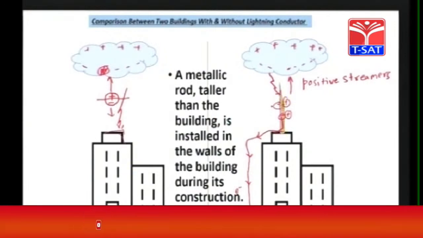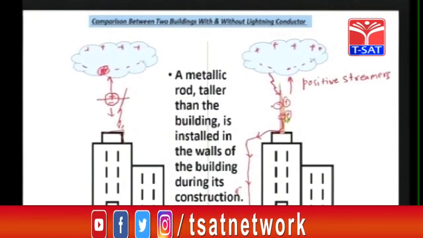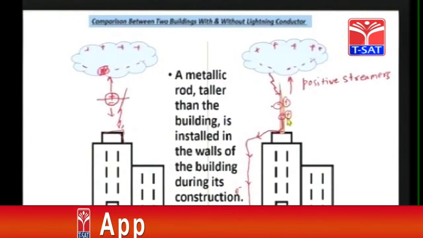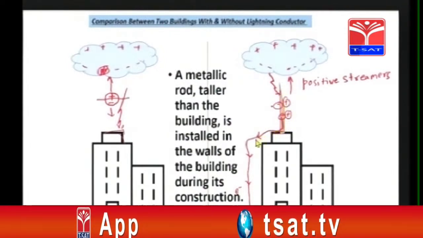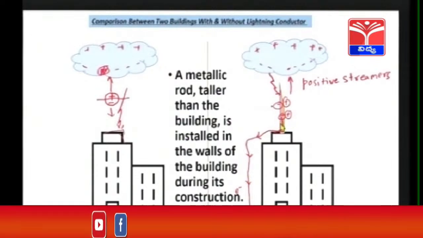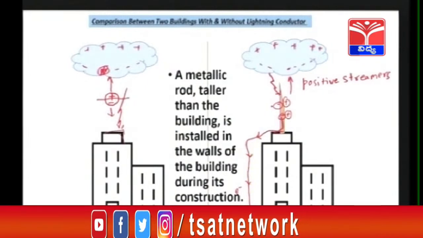But if you place a metal conductor, a lightning conductor, then all these charges will be absorbed by this lightning conductor. But this lightning conductor should always be connected to the earth. A very important thing is that every electric appliance should be connected only with a 3-pin plug. This 3-pin plug has an earthing connection.